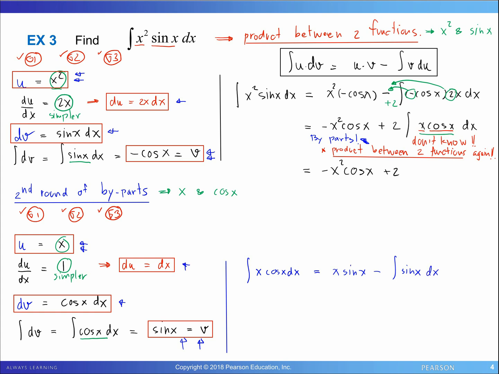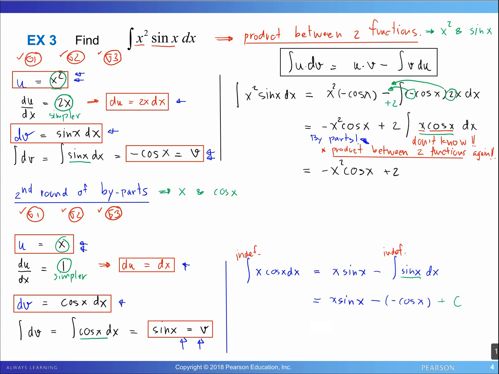Let's evaluate this. Equal to the first term, same thing, x sine x. And now we need to find the antiderivative of sine x, and we know it's minus cosine x. This is an indefinite integral. Also here, indefinite. We must have a constant c at the end, plus c, right here.